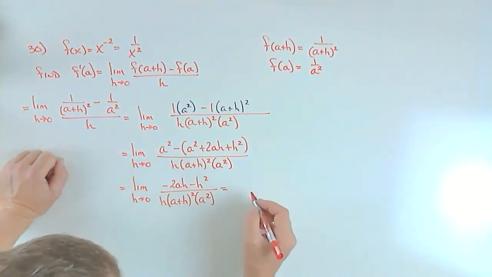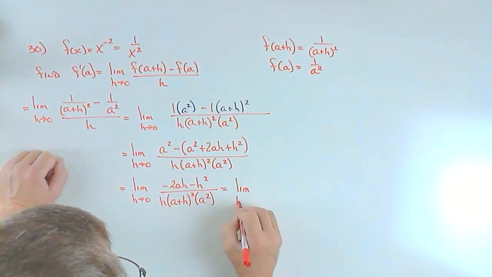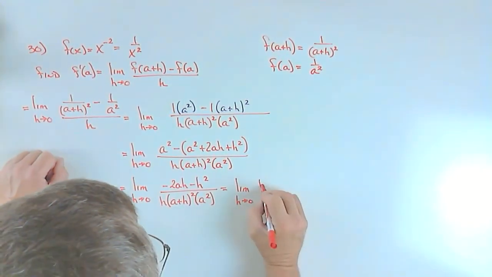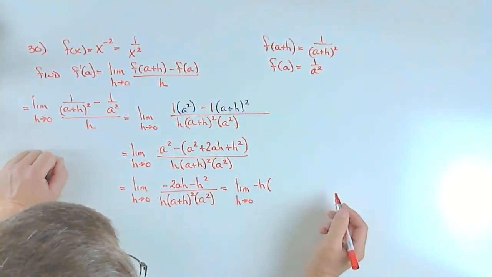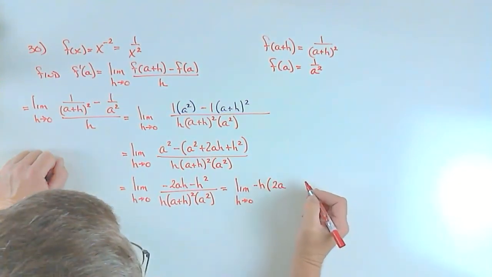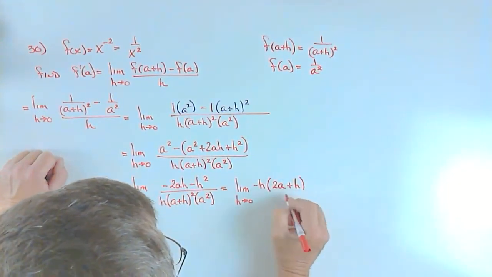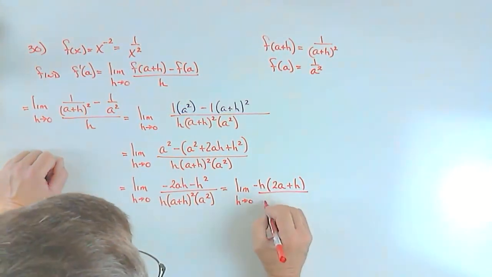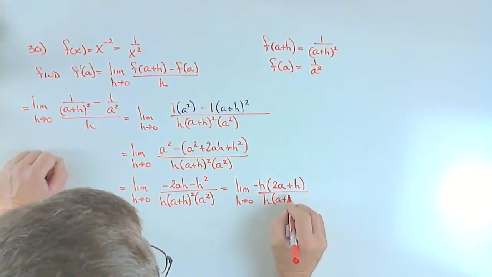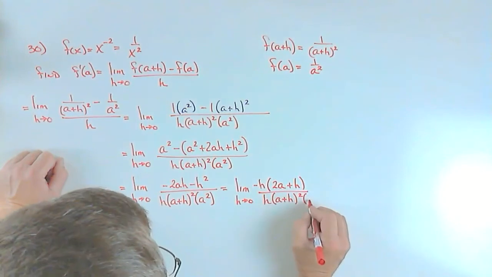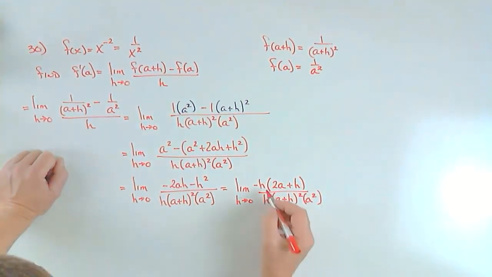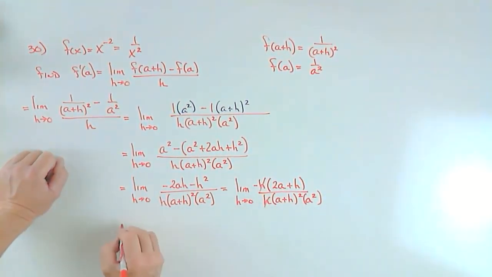I can factor an h out of the top. It's almost like we've been here before. I can even take out a negative h, and I'm left with 2a plus h. On the bottom, I have an h, an a plus h squared, and an a squared. H cancels h.